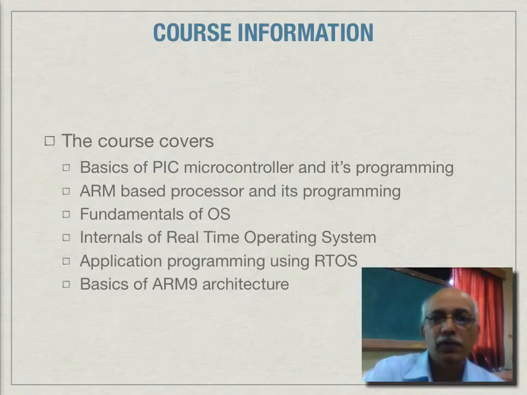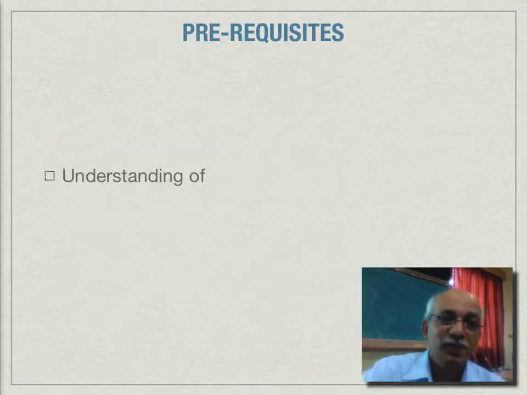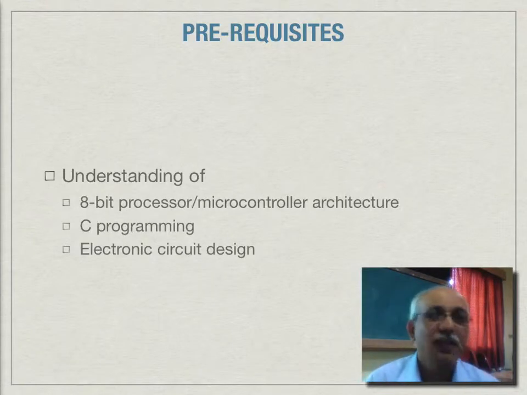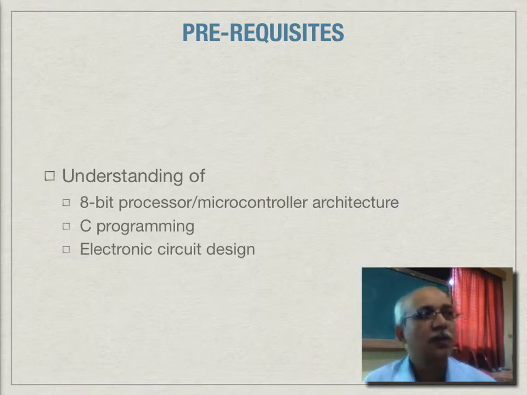Fine. So, what do we need to understand the whole thing? We need to have some background. This background is 8-bit processors, microcontroller architecture, then C programming. If you are not thorough in C programming, you are advised to go through C programming yourself and recap fundamentals like data structures, then pointers and so on.